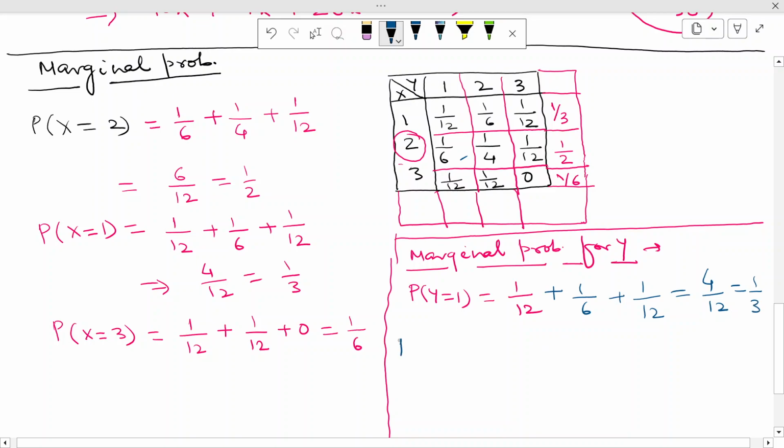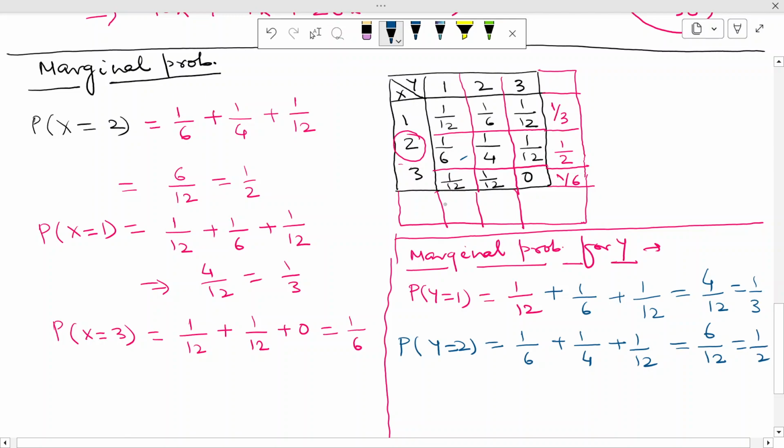Now on the same line, we have the probability for y is equal to 2. Again we have three probabilities corresponding to this: 1 by 6 plus 1 by 4 plus 1 by 12. When you add all these values, you can check that this comes out 6 by 12, or 1 by 2.